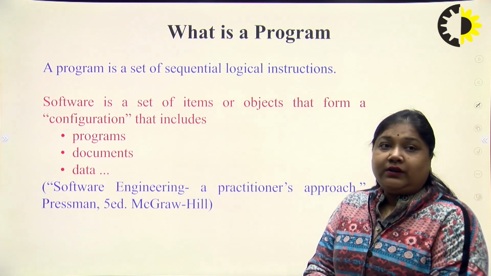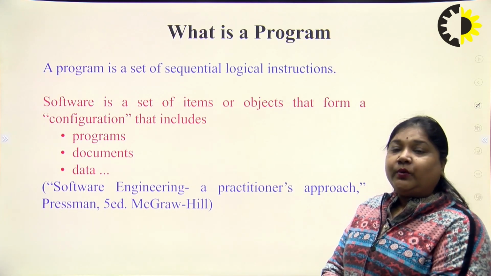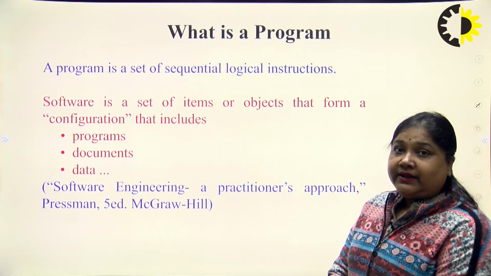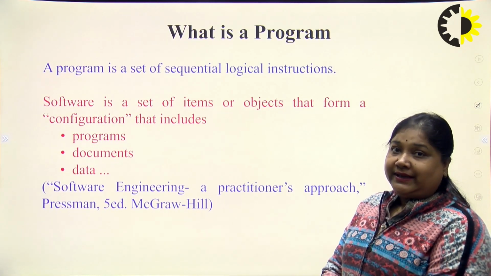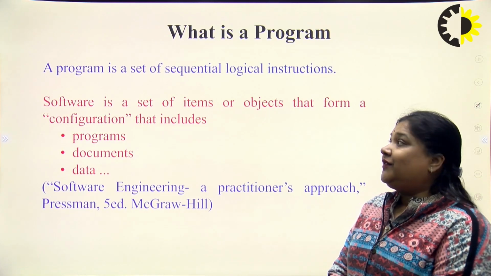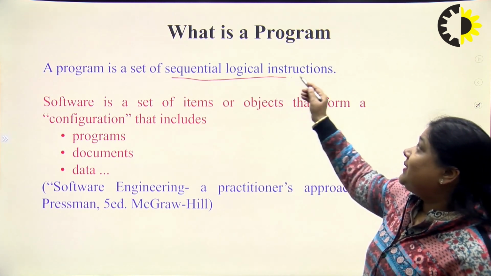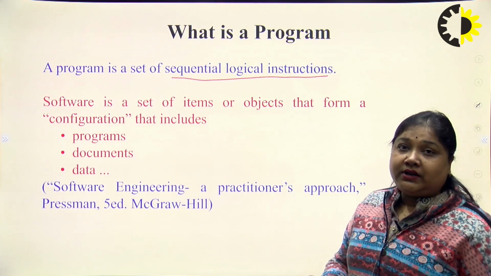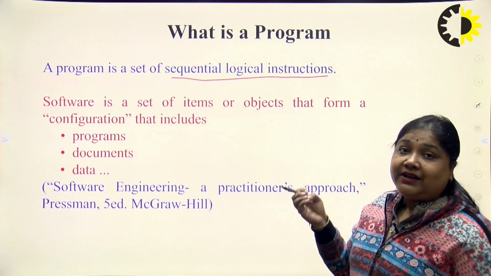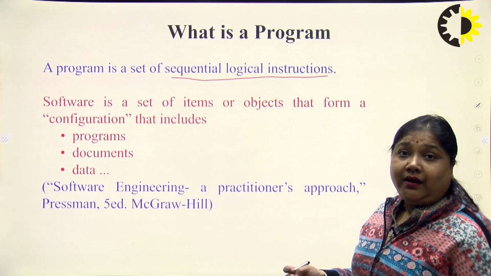So first of all, the first thing that we need to understand when we talk about software is what a program is. Everything that is going around software is a program, and a program is a list of instructions, a set of sequential logical instructions. The combination of some logical instructions to complete a task is called a program.